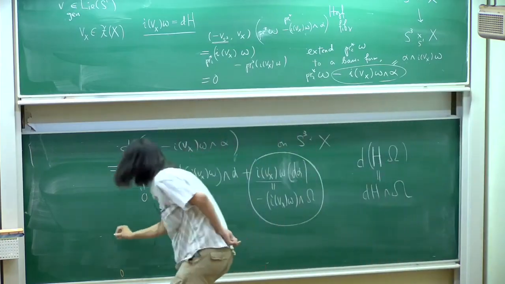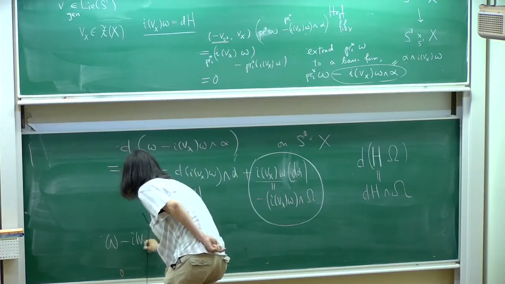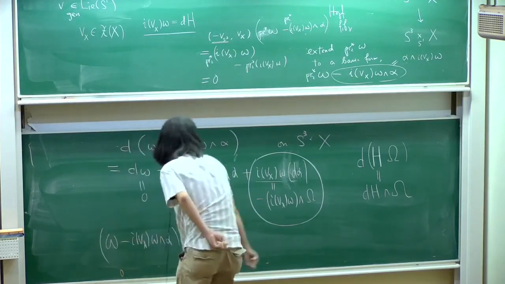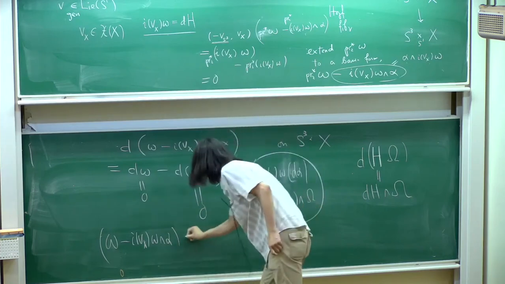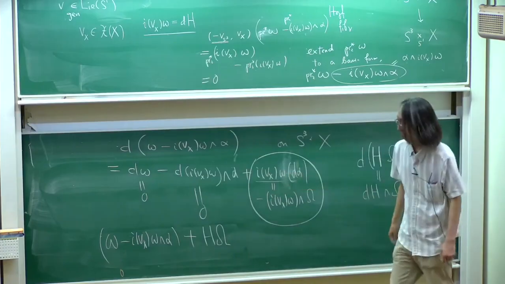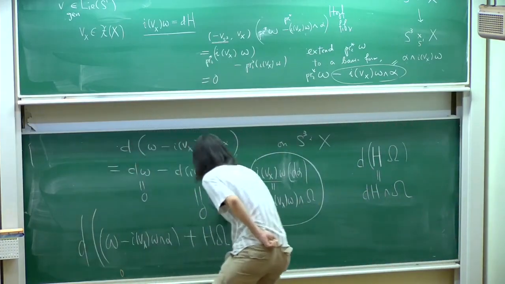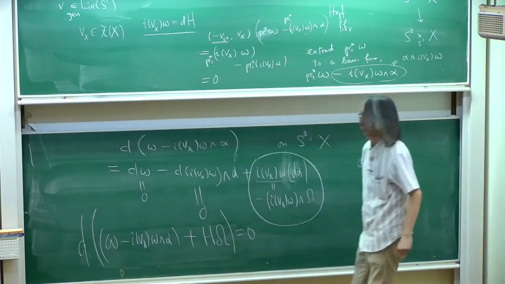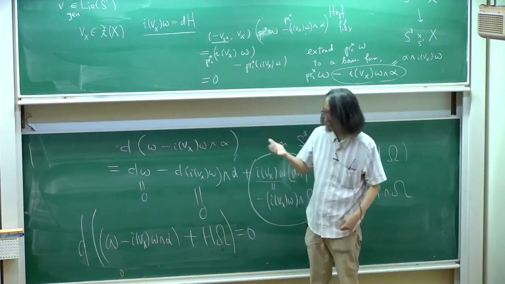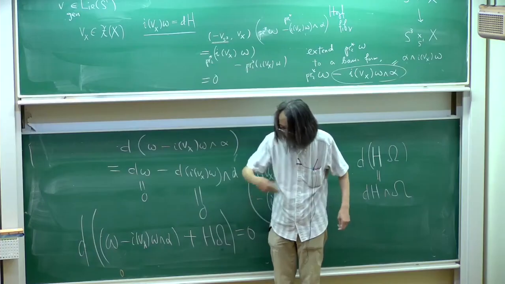So therefore, the extension is omega minus I of dx of omega with alpha, plus h of omega. So this one is closed. And this is actually pulled back from downstairs and then multiplied by the function h. So it's an S1 invariant function.